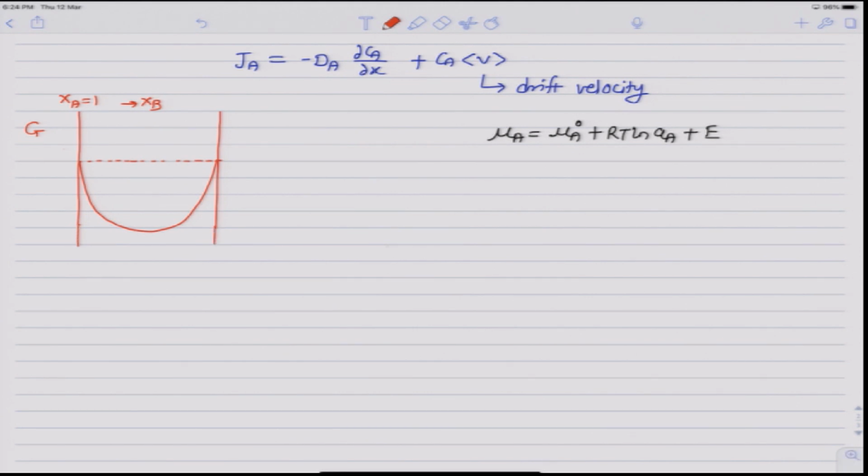In the absence of the strain energy, if we want to find out the chemical potential, we draw a tangent to the curve at the desired composition, and the intercept on xA equal to 1 axis yields the chemical potential of A, which is nothing but mu A0 plus RT ln aA.